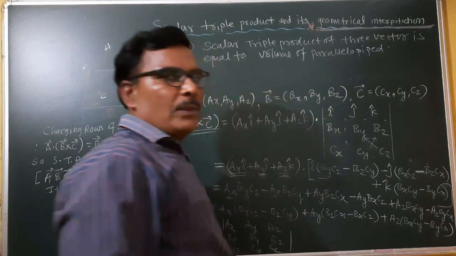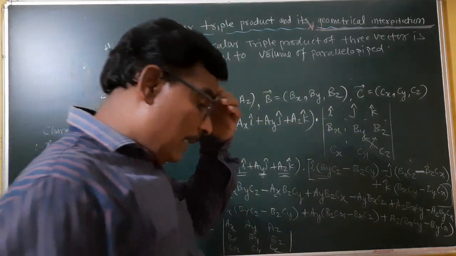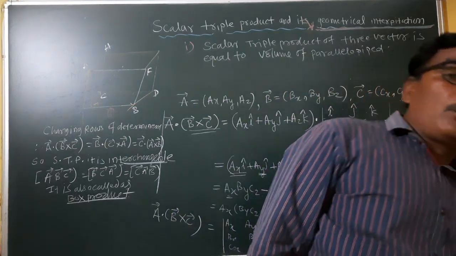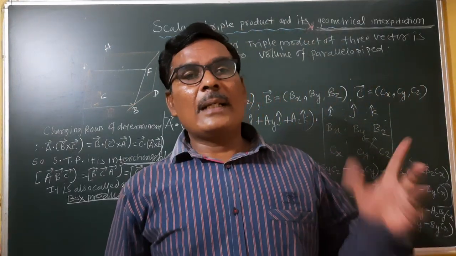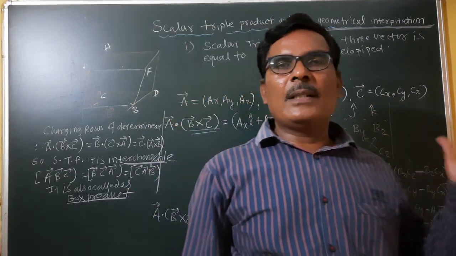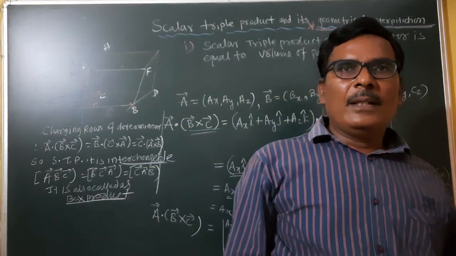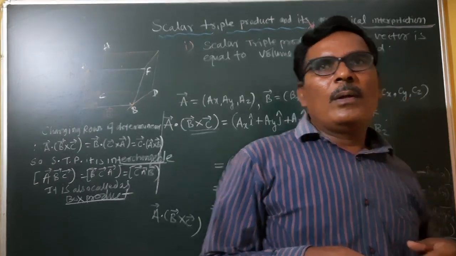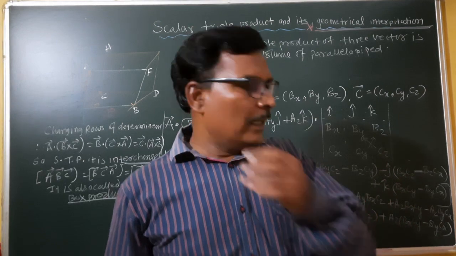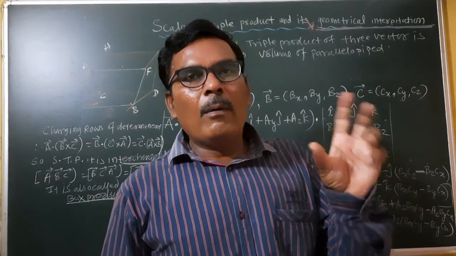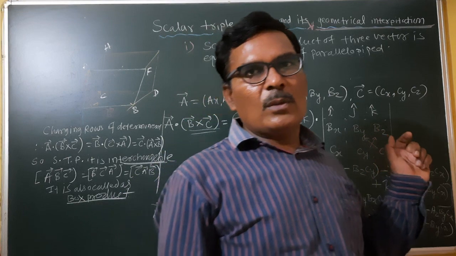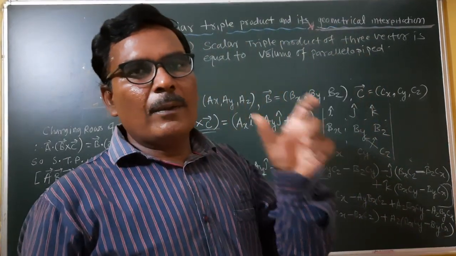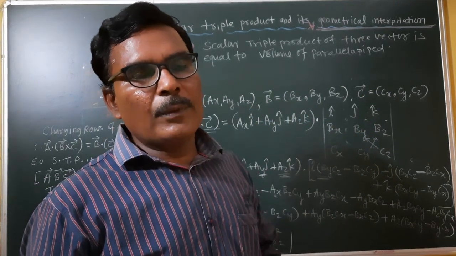One more property we have studied in the 11th standard: the vector product of two vectors can be expressed in the form of a determinant, and the magnitude of the vector product of two vectors is expressed as the area of a parallelogram, that is, base into height, equal to the magnitude of the product of two vectors.